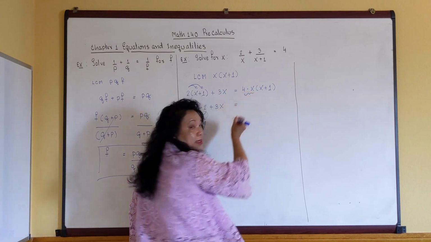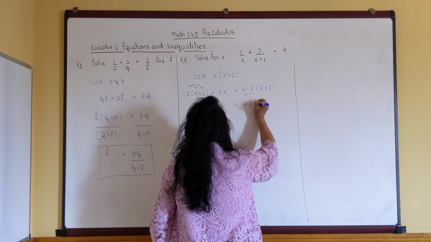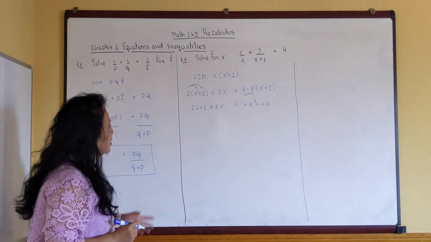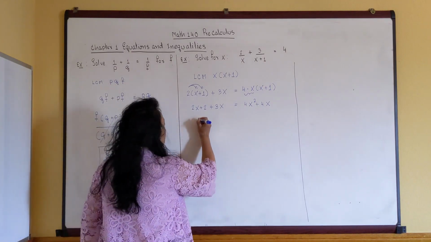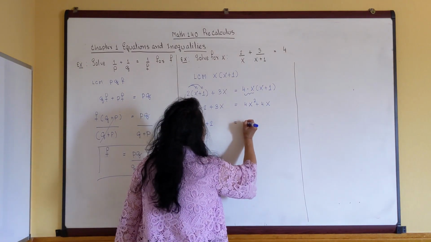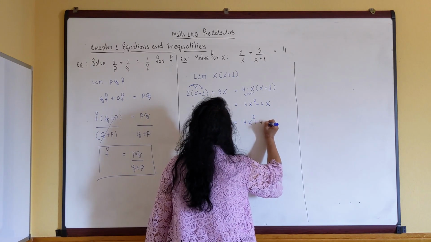On the right, 4x times x is 4x squared, plus 4x. I'm going to combine like terms on the left hand side, so I have 5x plus 2 equal to 4x squared plus 4x.